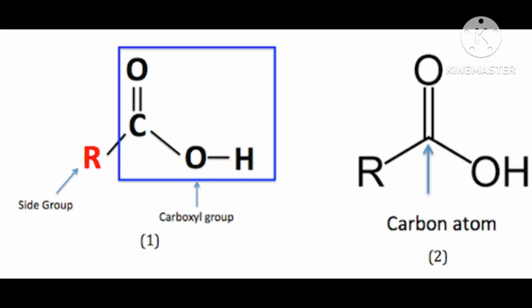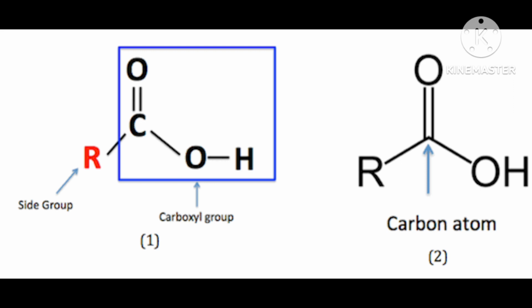From ethane, E you have removed, oic you have added: ethanoic acid. Like that, propionic acid, CH3CH2COOH. This common name is propionic acid.